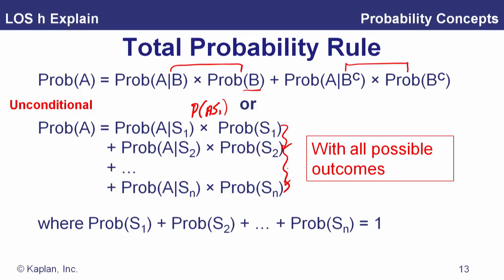So if we add those all up, that should be the unconditional probability of A, the probability that A will happen if we know nothing about which S event occurred. So those probabilities of S1 to Sn have to sum to 1. So we've covered every possible outcome, just as we did in the simpler example with the conditionals B and not B. That covered all the possible outcomes.